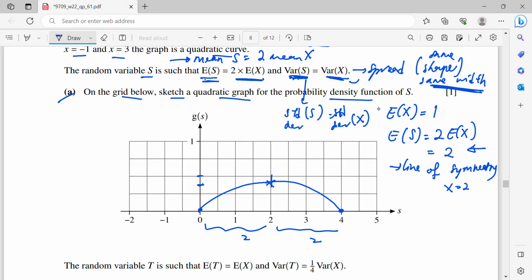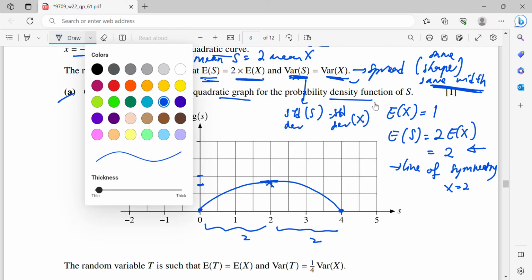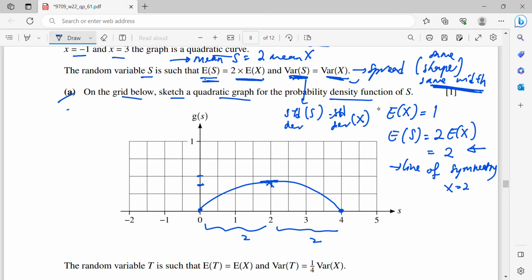So this will be your quadratic curve. So this is your S. This is g(s). Okay, done this part.